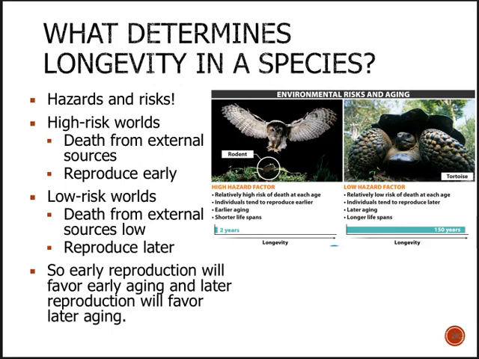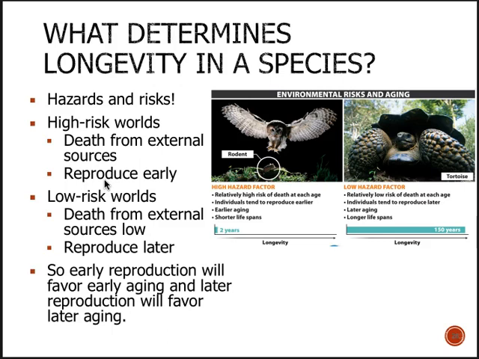If you live in a high risk world where there's tons of things coming by and eating you, and you've got a high chance of death at an early age from an external source, and that's forcing you to reproduce early, because if you don't reproduce early, then you're not reproducing at all, then you are going to age at a young age. Because you have reproduced early, you've already passed that trait on to your offspring.